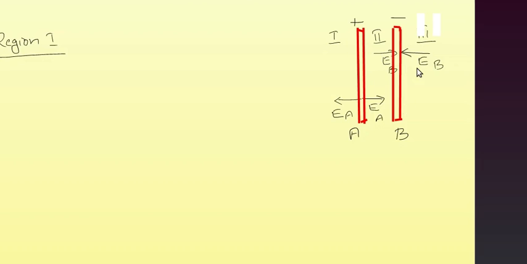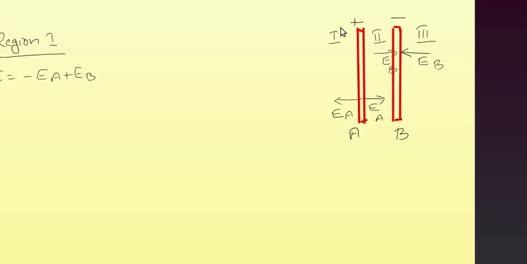In all these cases there will be different strength of electric field because of the difference in the direction of these electric fields, and we will see how these are different. So in region 1, E is equal to what? The total field is due to the field due to A and the field due to B.